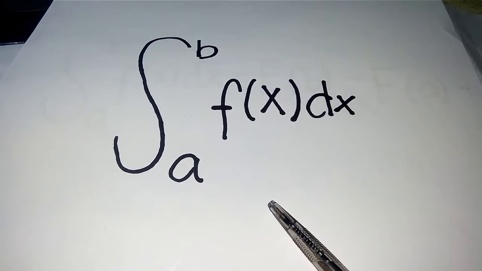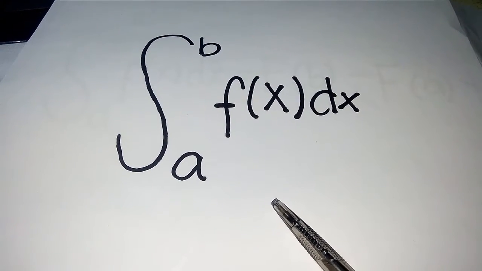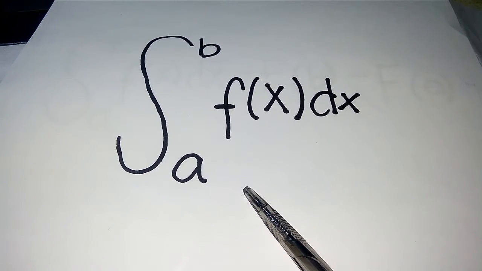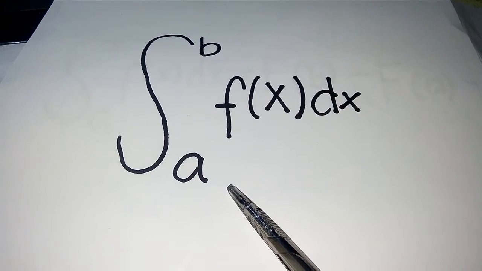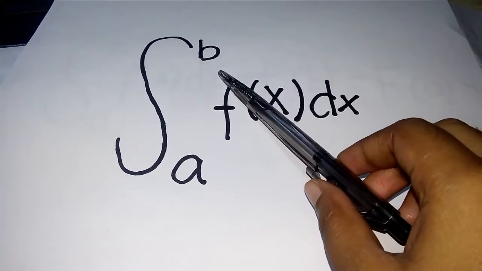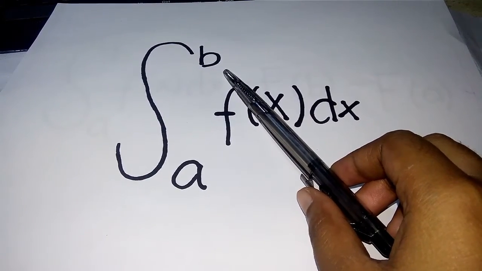There is also a little bit of terminologies that we should get out of the way here. The number a at the bottom of the integral sign is called the lower limit of integral. The number b at the top of the integral sign is called the upper limit of integral.